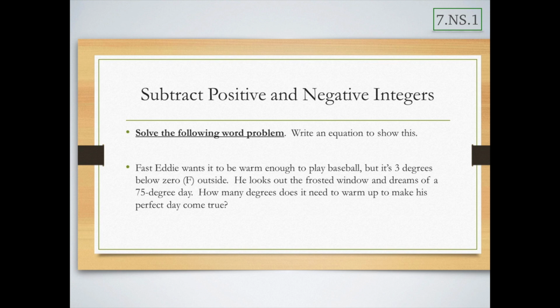How many degrees does it need to warm up to make this perfect day come true? What you want to be good at is writing an equation from a word problem. So that's really important. I will help you, and any other teachers out there will help their students with it as well. So there's a good place to pause it and talk about how to write that equation. Once you write it, solve it, and get the right answer, please.